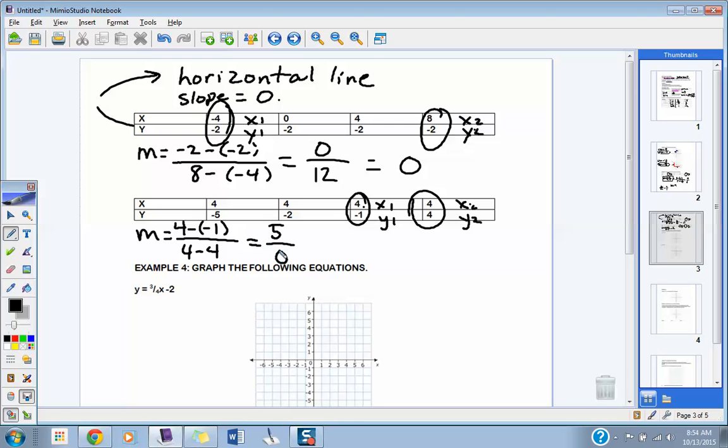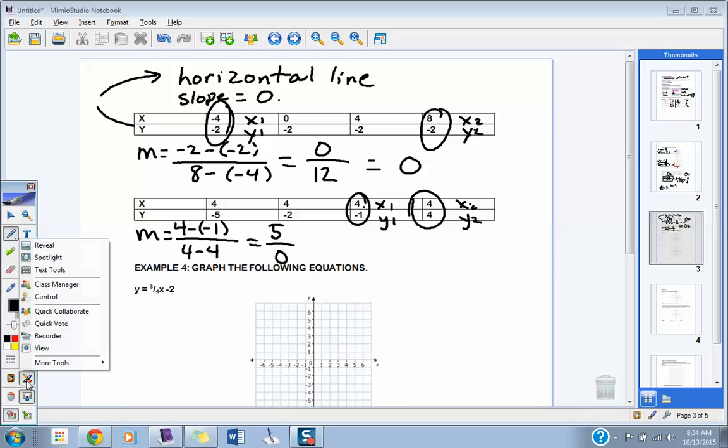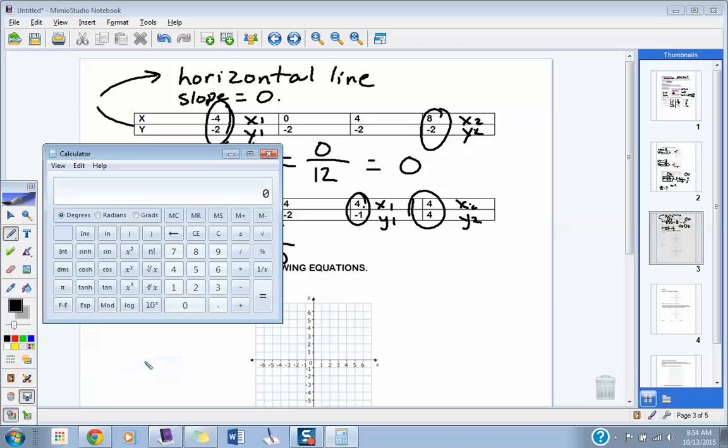Ooh boy. Up here we had 0 in the numerator and we were able to get a value. But what don't you ever want in a denominator? 0. What happened here? 0 is in a denominator. Anytime you have 0 in a denominator, what is 5 divided by 0? You say division by 0, you can't do it.